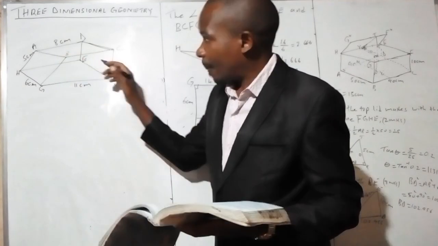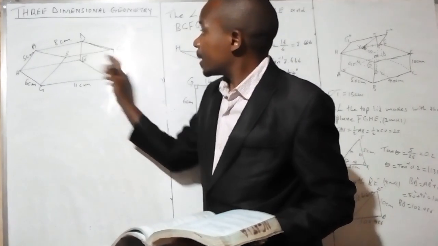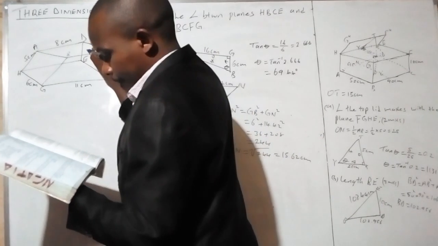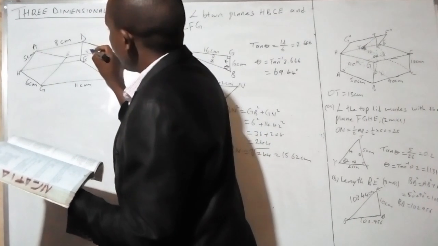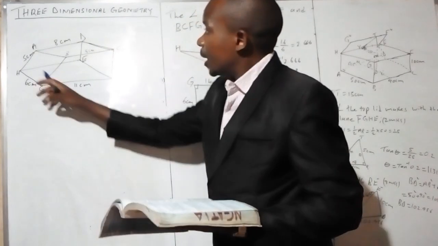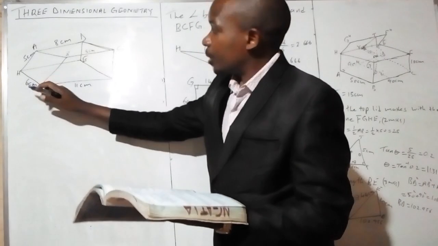BC is 8 centimeters. Yeah, 8 centimeters also there. BG. Yeah, BG is 8 centimeters, which means the other side will be 5 centimeters.